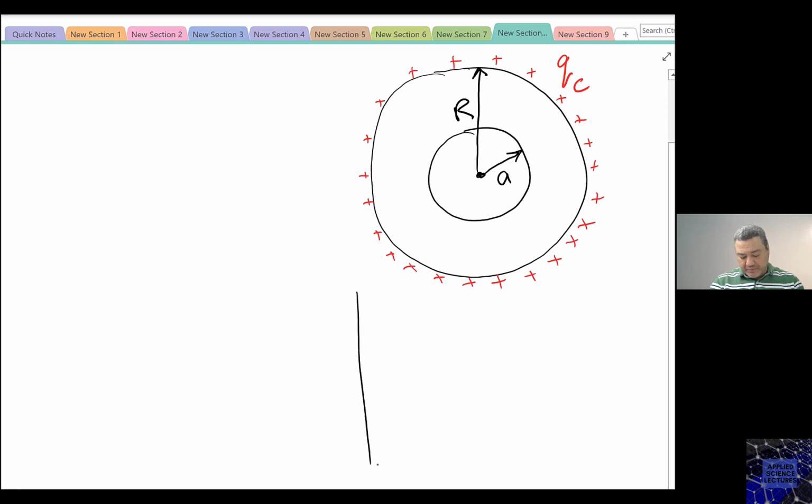Now I need to put my two axes, E versus r, where I draw the electric field versus the radial distance r.